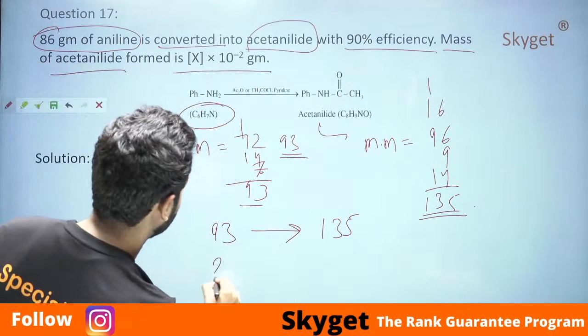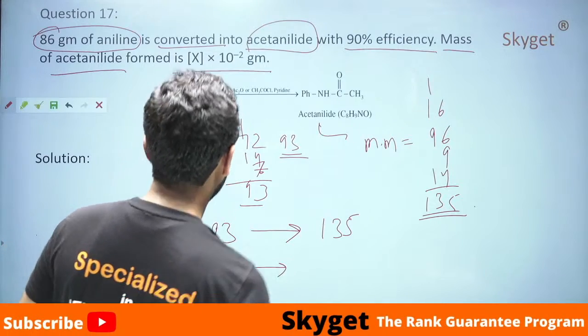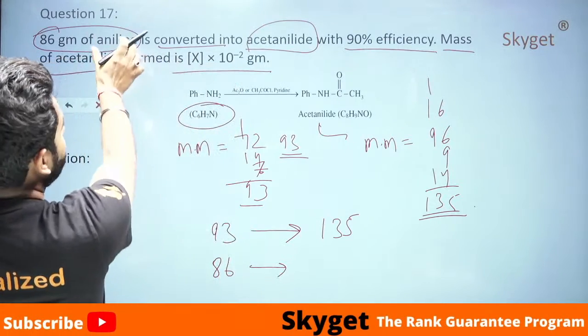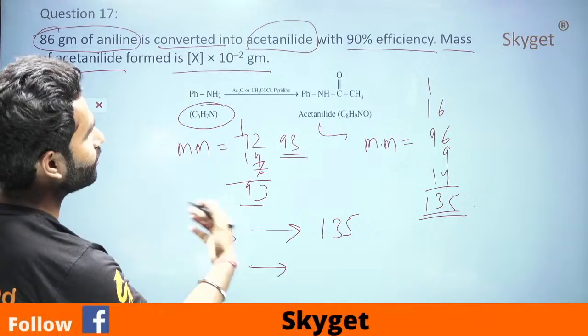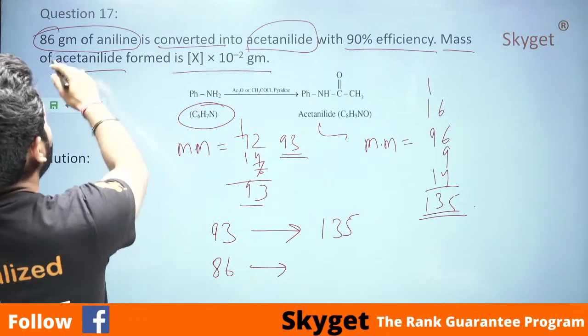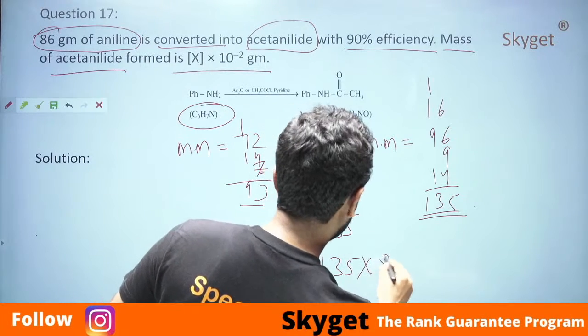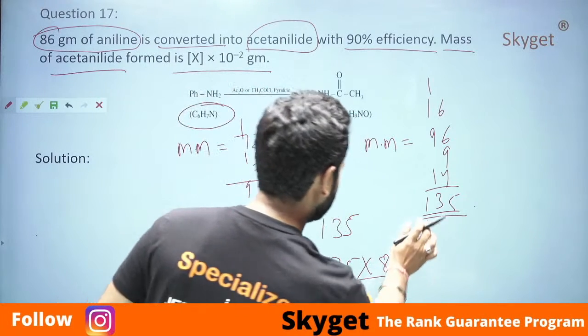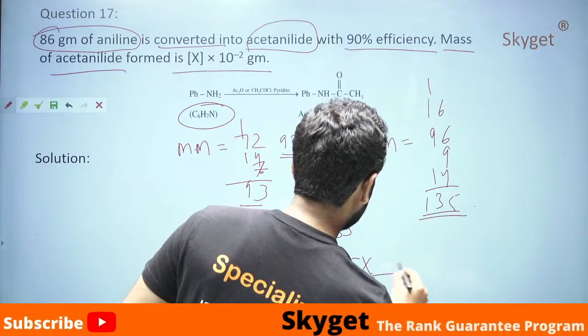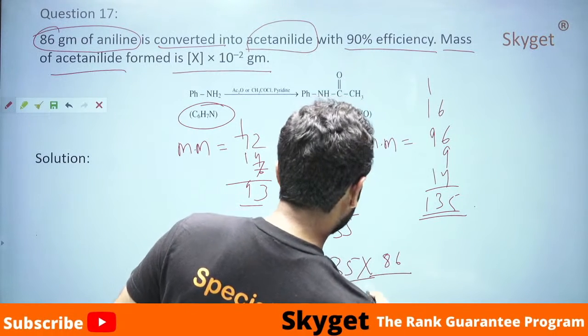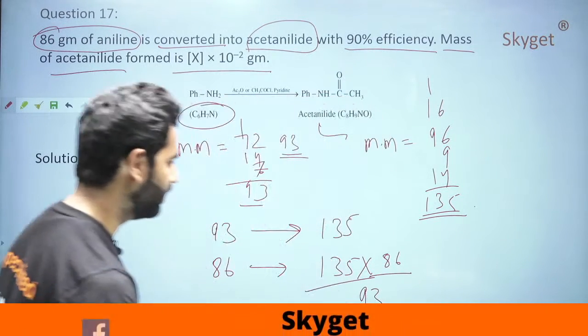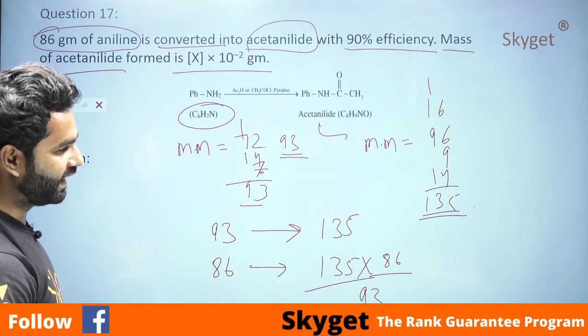So 86 gram of aniline is converted into how much acetanilide? 135 into 86 divided by 93. Okay, the equation we got like that.